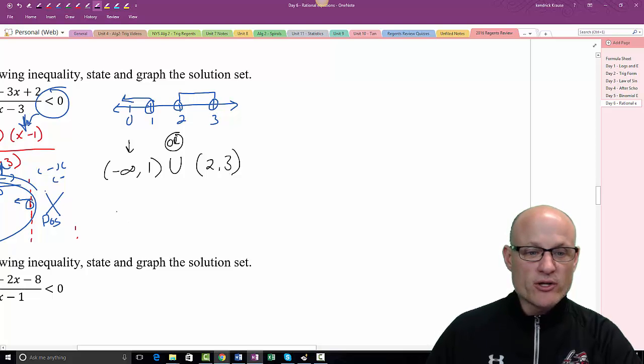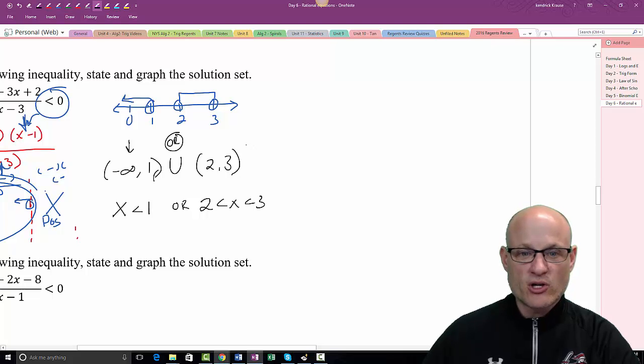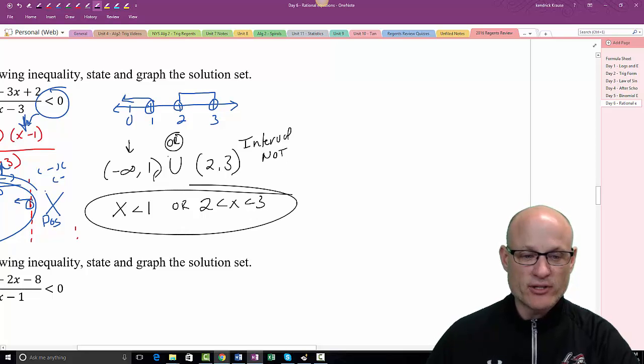You could do it this way, or you could do this: x is less than 1, or, it's not negative 2, it's positive 2, 2 is less than x is less than 3. Either one of these would be correct. This is what's called interval notation. Hopefully you learned it. And this is standard notation.